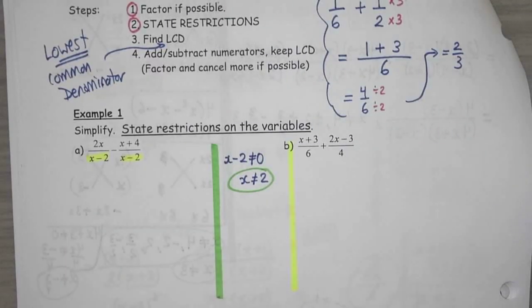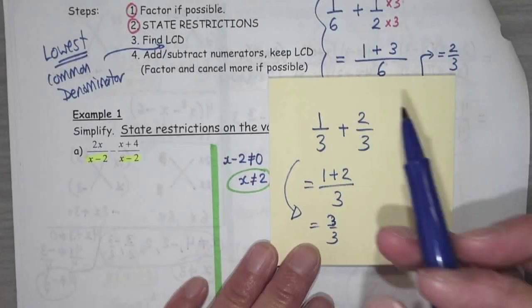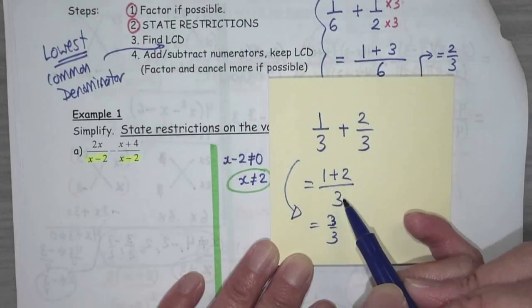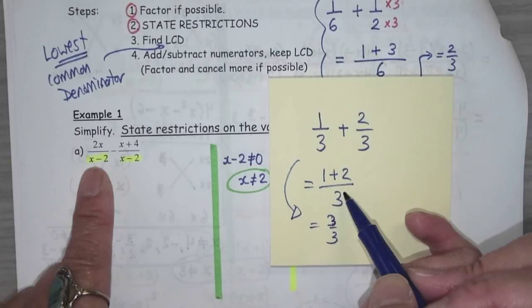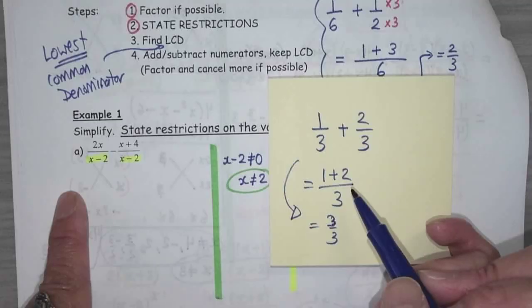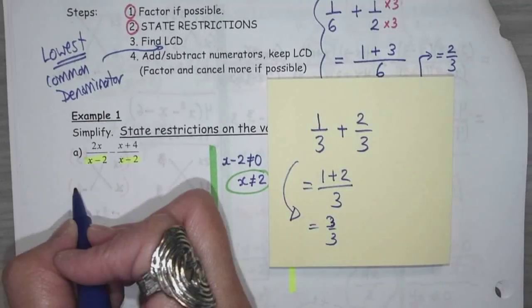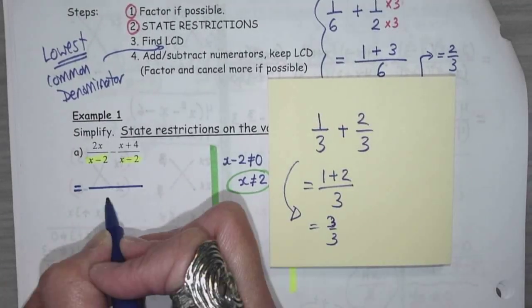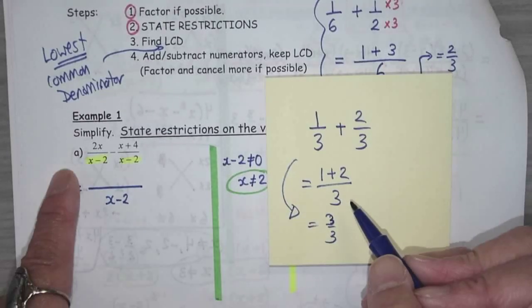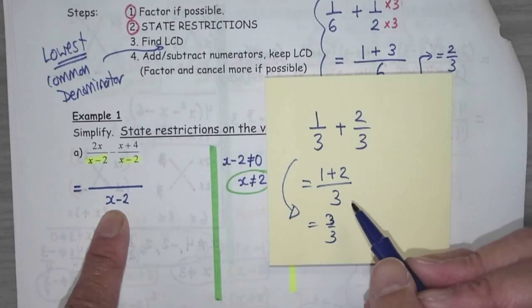Now, what we did here was we added the tops, or subtract the tops, whichever, and kept the bottom. We're going to do the same thing here. If they already have the same denominator, then we're going to keep the denominator, just like what we did here. They're both keeping the same denominator.